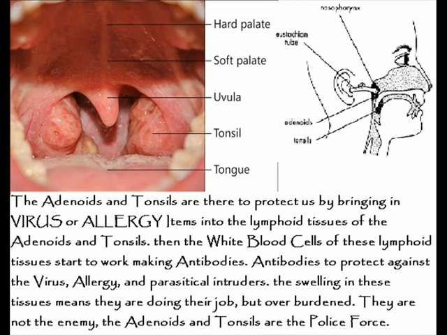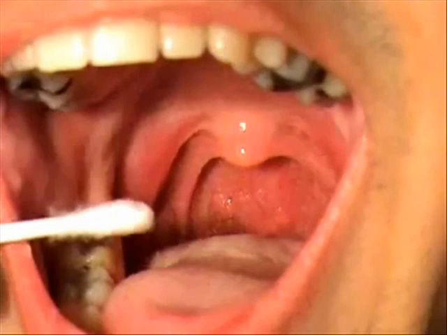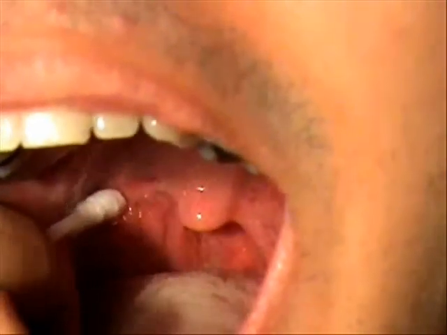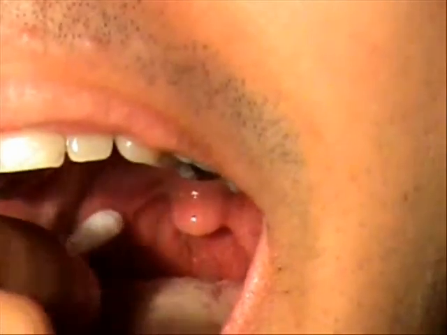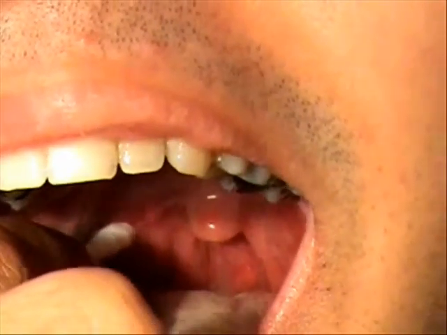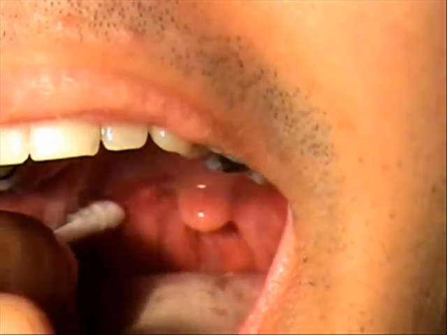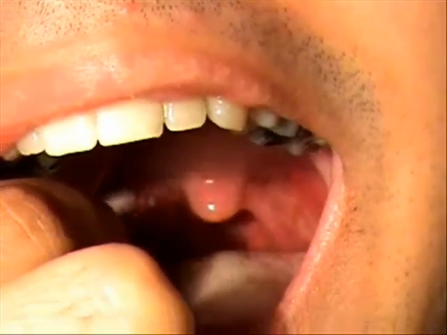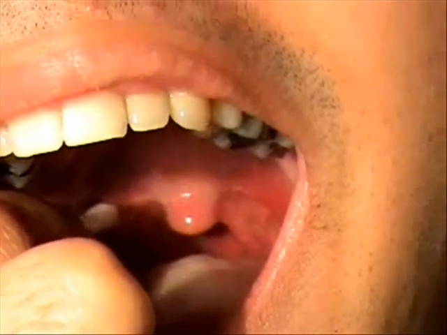Adenoids and tonsils are really what help us defend against viruses and allergies. Oftentimes, a little bit of crud gets caught in a tonsil, and it can't get shaken out. This is what we call a tonsillar stone. It can produce an increase in allergies, viruses, sore throats, and all this.